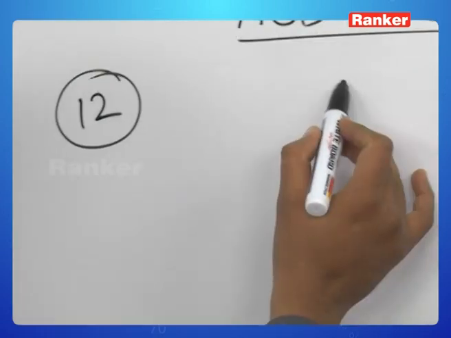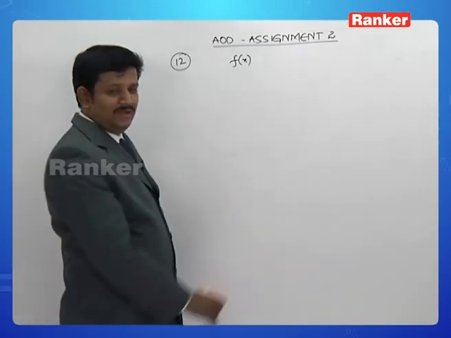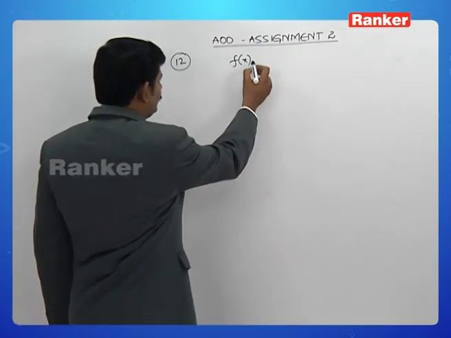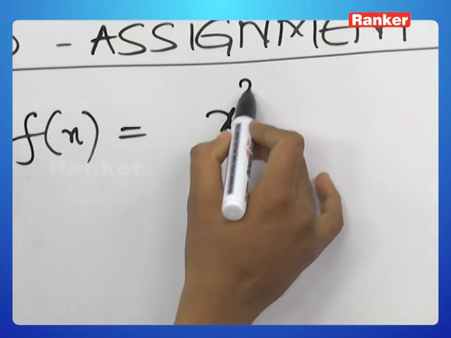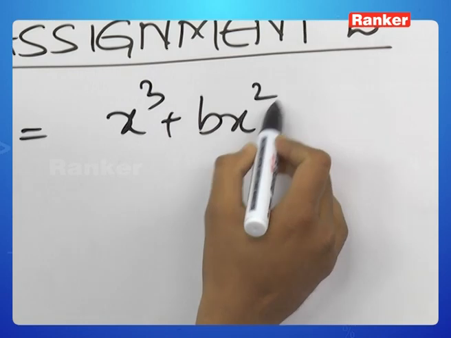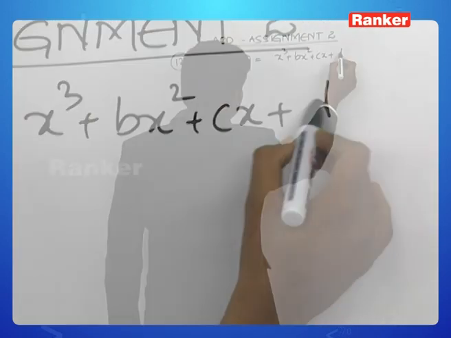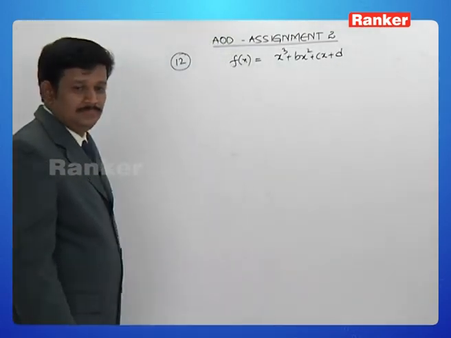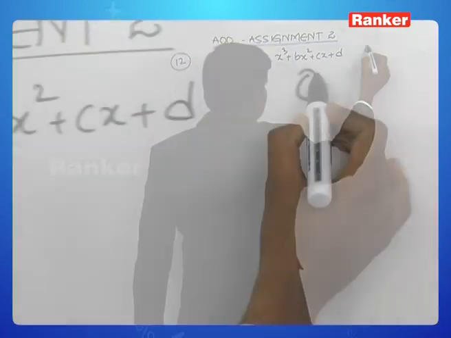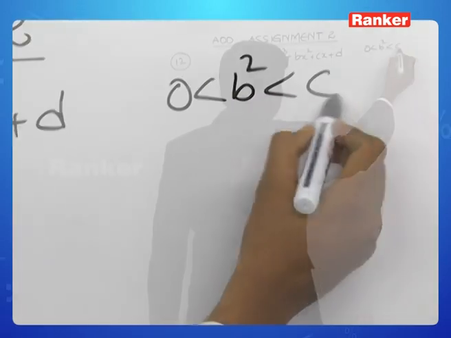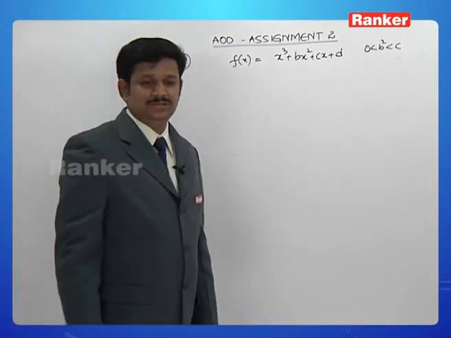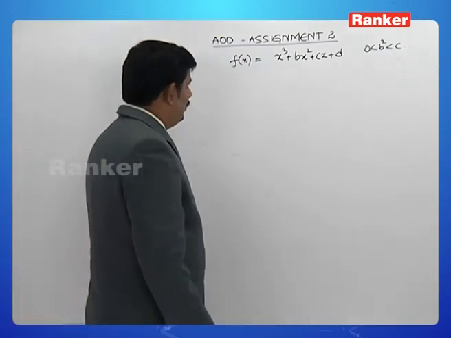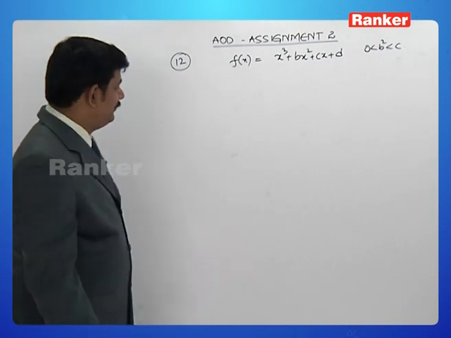So, for the function f of x equal to x cube plus bx square plus cx plus d, given that 0 less than b square less than c, we have to discuss on R if f of x is bounded.